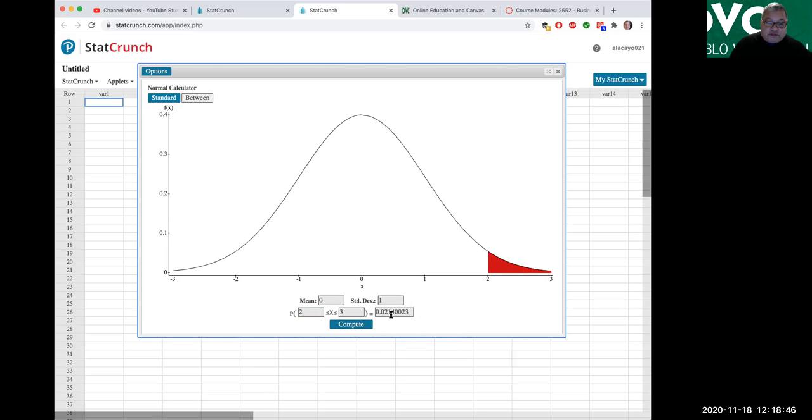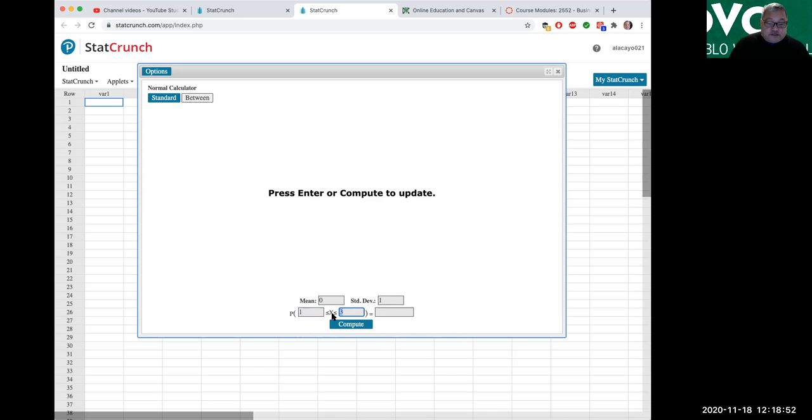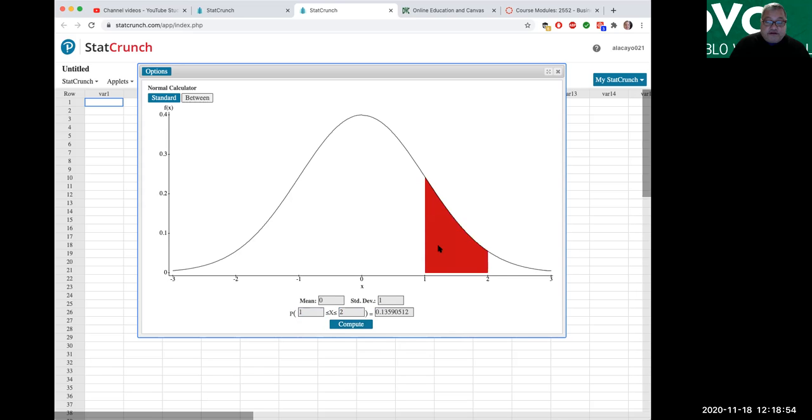Between 2 and 3 deviations, there's close to 2.5% of the data. Between 1 and 2 deviations of the mean, there's an area of about 13.5, 13.6%, and so on and so forth.